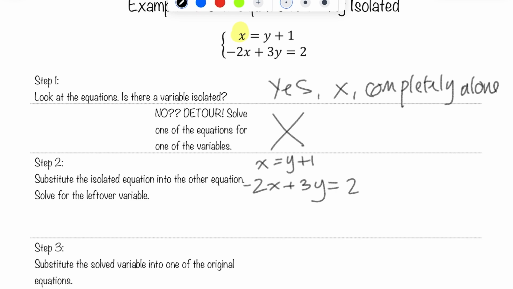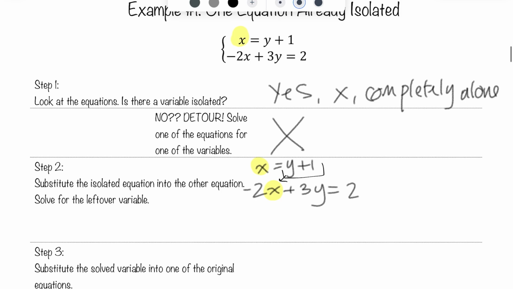So x is what is isolated here. That means that this stuff on the other side is going to be going into that x spot. I'm going to substitute that in, and then I'm going to solve the equation that I have left.